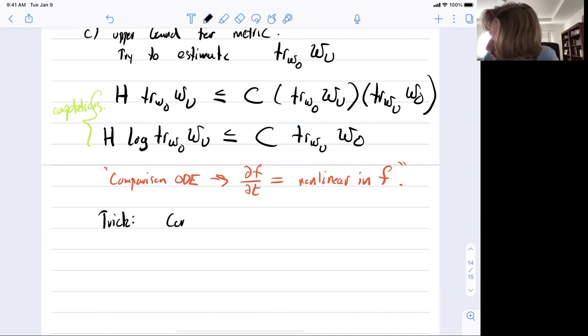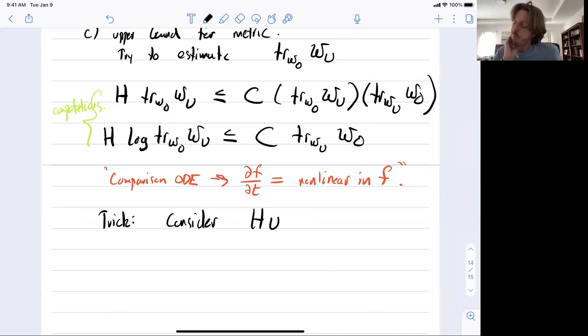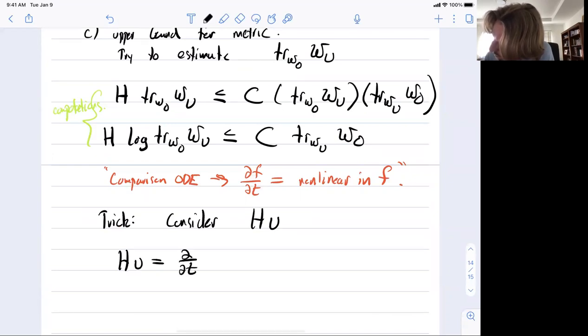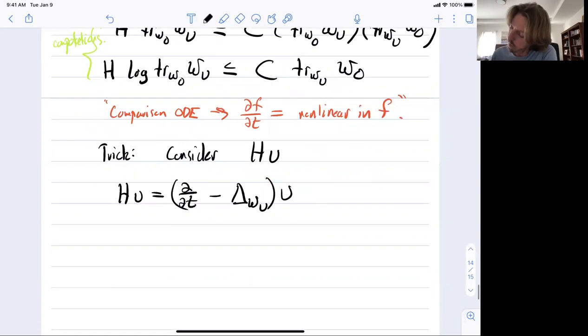First of all, let's consider the heat operator applied to the potential itself. And what do we get? The heat operator applied to u is d dt minus the u Laplacian of u. And du dt is du dt, and that's fine, that's bounded.